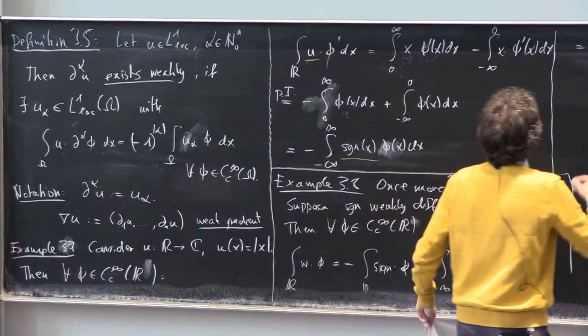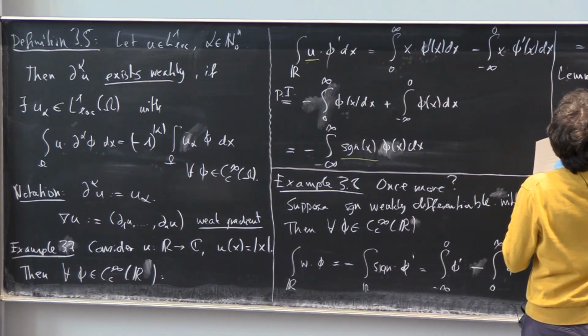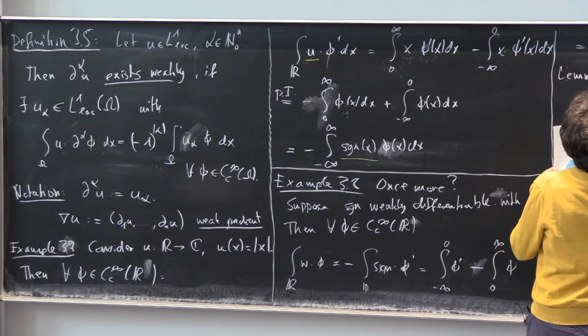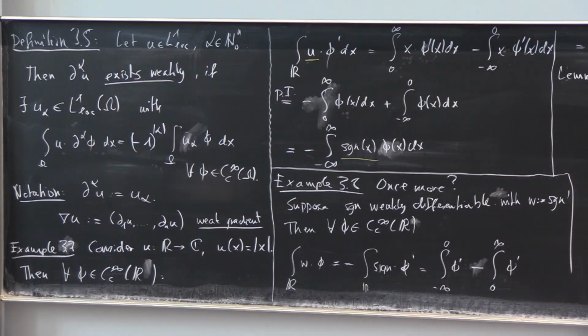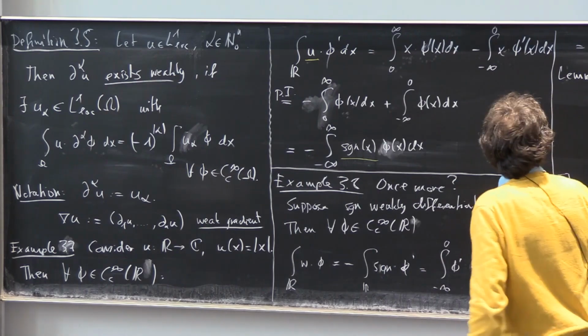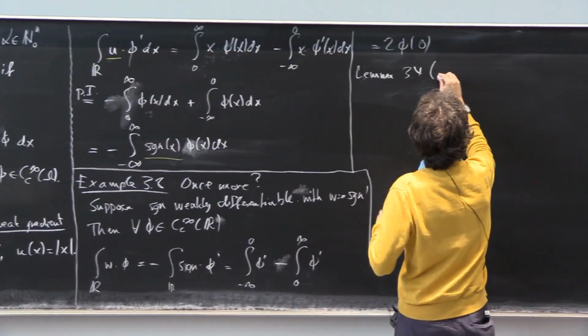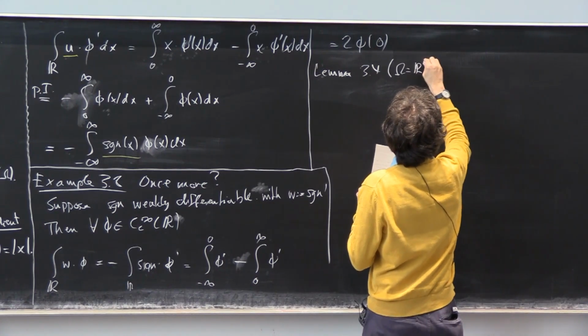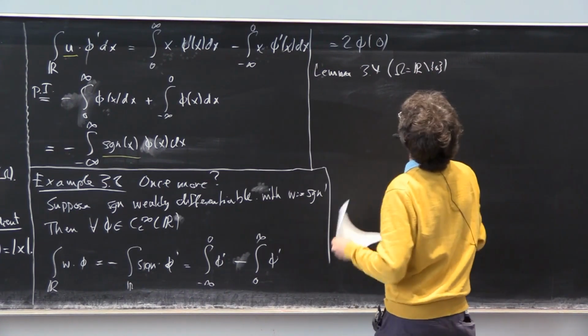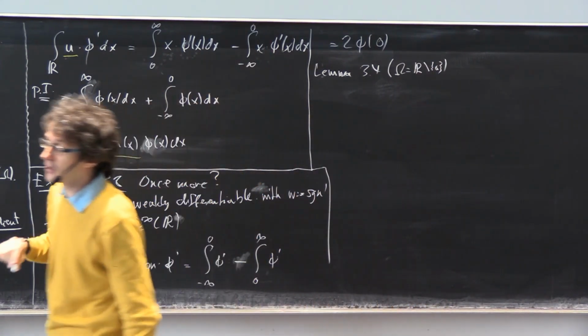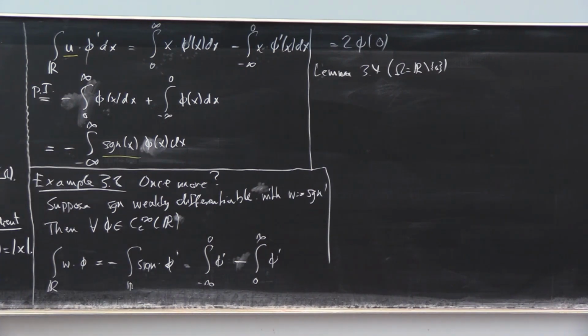And now take the fundamental theorem of calculus of variations on omega being R without 0. So the fundamental theorem of calculus of variations was just proven on an open subset of R^n.